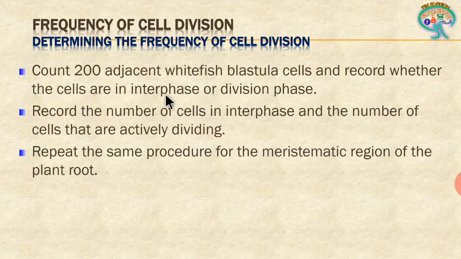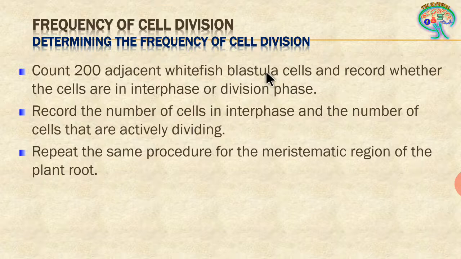Interphase is the preparing cell, not actively dividing, but in the division phase the division of the nuclear material is taking place. Further, we are going to record the number of cells in interphase and the number of cells that are actively dividing.